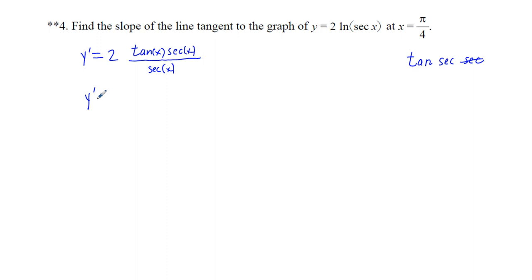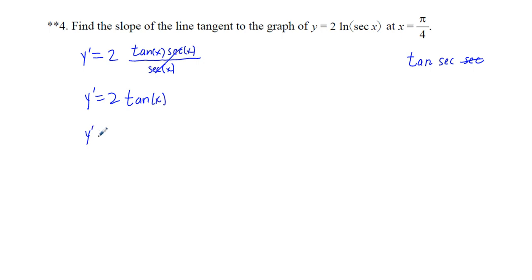So y prime is going to be equal to 2, secant over secant cancel each other, tangent x. And we want to plug in pi over 4.